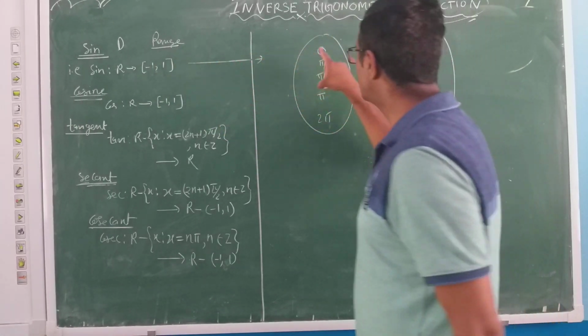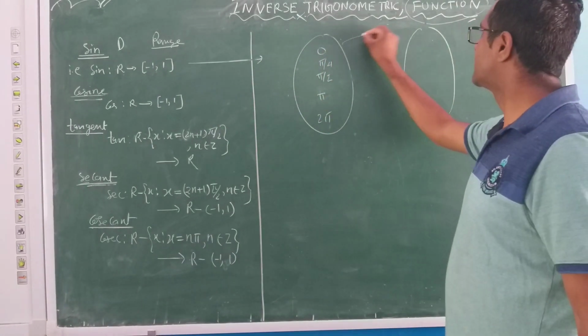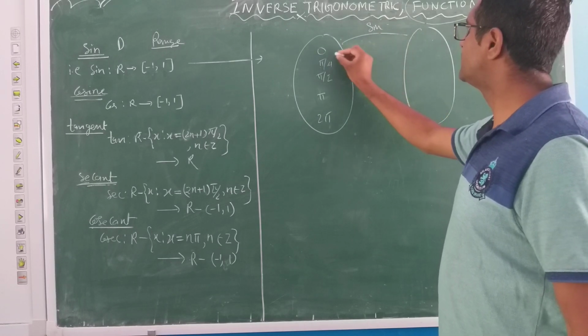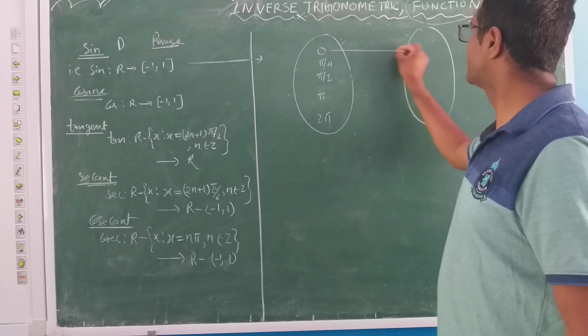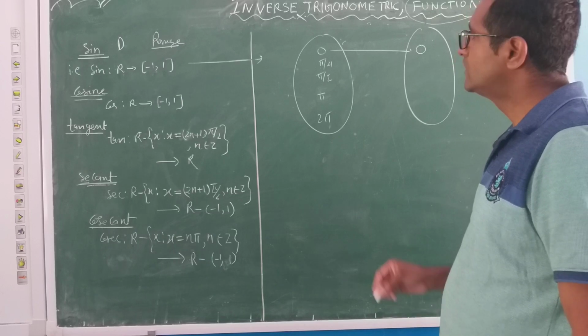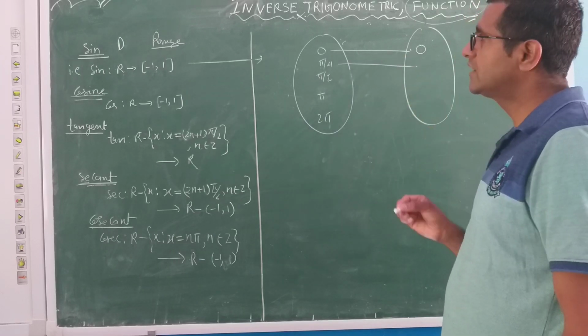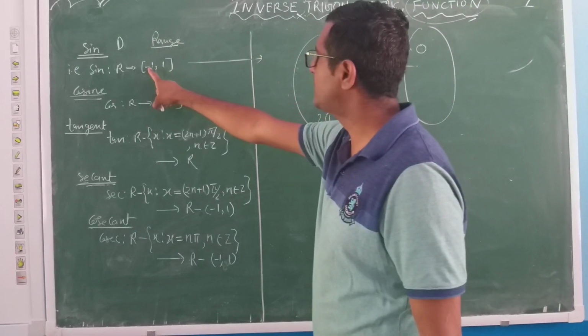The value of sine 0 is 0, because 0 lies between -1 and 1.